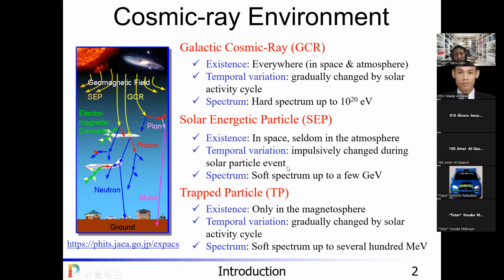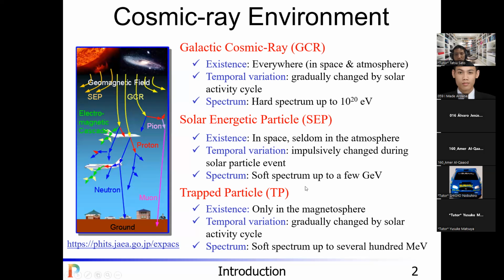Generally there is no SEP around the Earth, but once an extremely large solar flare occurs, many solar energetic particles come to the Earth, and some pass through the magnetic field and the atmosphere, and are sometimes detected by ground-based neutron monitors. But it's quite rare, only once per a few years or even less recently.